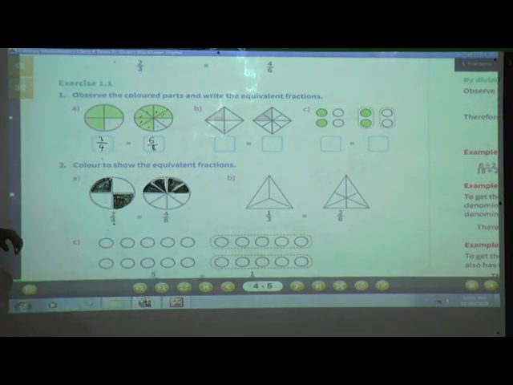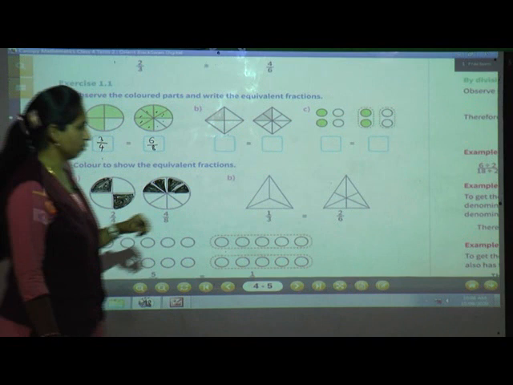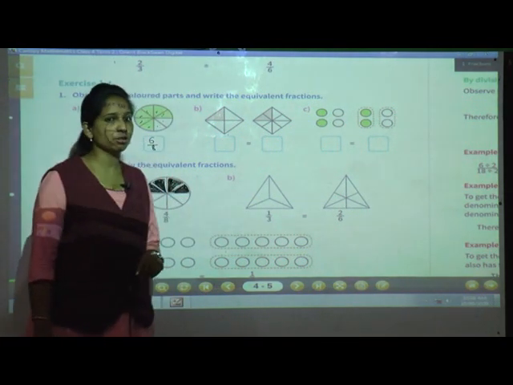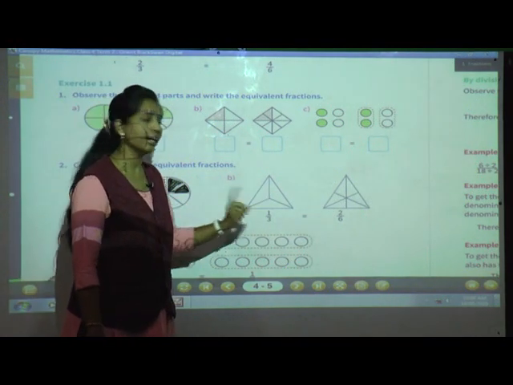Okay, done? Yes. Now B question. What is B? 1 upon 3. So out of 3 parts, how many parts do you need to color? 1. So color any 1.